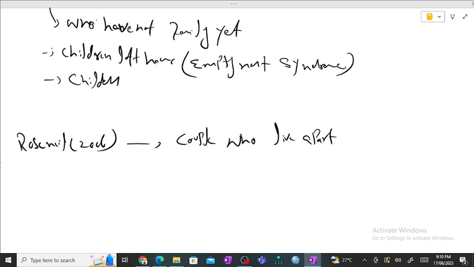This arrangement is often referred to as living apart together, and this is known as LAT. Couples who are married or in a long-term relationship but do not live together.